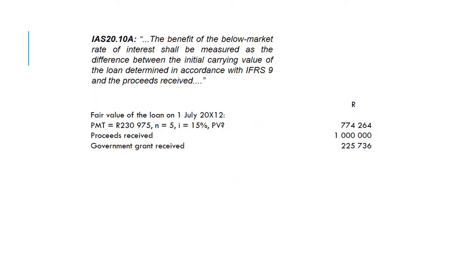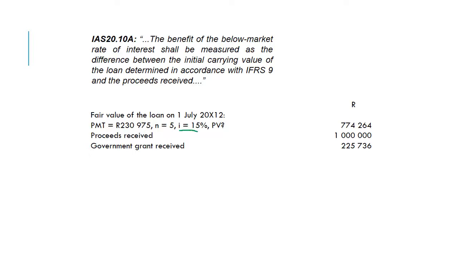As we said, IAS 20 tells us that the benefit of the below market rate of interest shall be measured at the difference between the initial carrying value of the loan determined in terms of IFRS 9 and the proceeds received. Like we said, we're not focusing on the loan. We are focusing on the grant. So you determine your fair value by discounting your payments over 5 years at a market-related interest rate, which is very important.